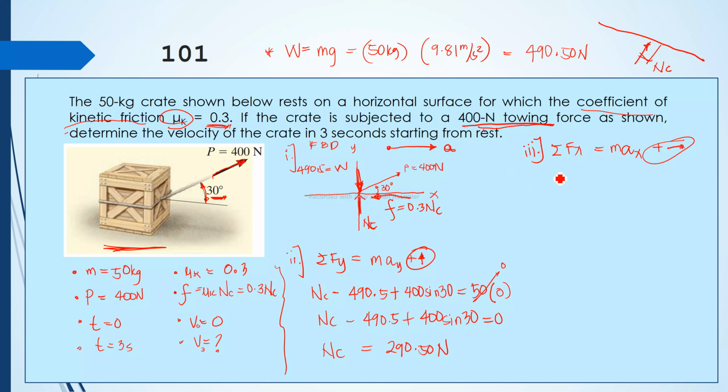We have the force P, that is 400 cosine 30, minus the frictional force 0.3 times the normal force NC, equal to 50 times the acceleration along x, or just simply A because there is only one acceleration in this problem. So we have 400 cosine 30 minus 0.3 times the normal force.